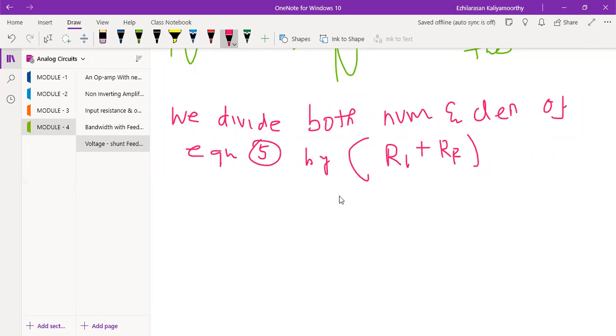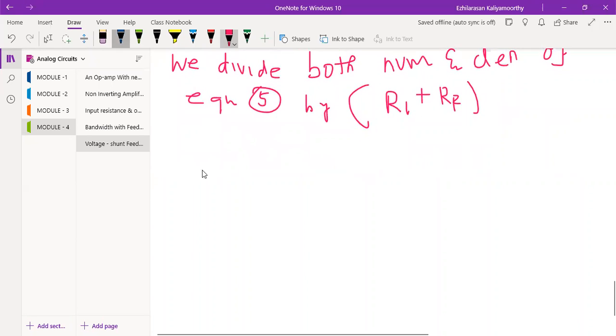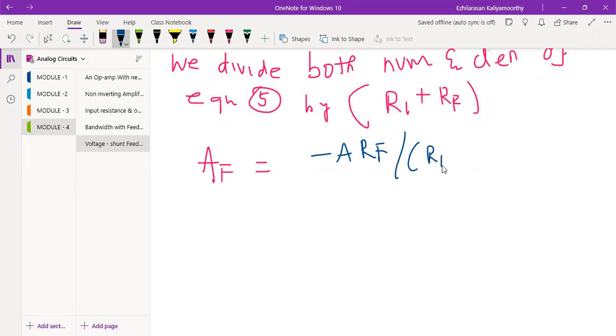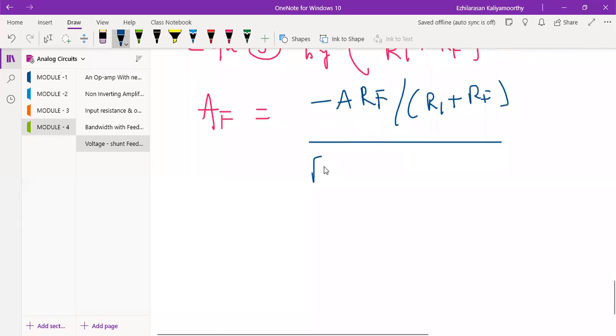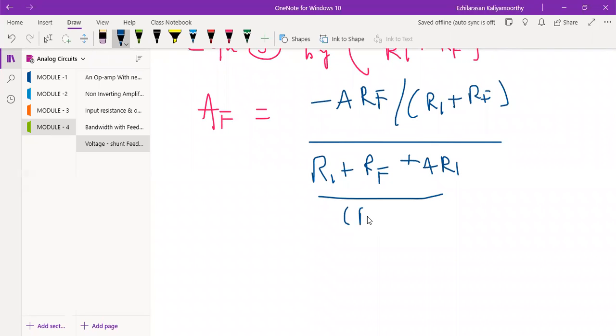As equation 5 states, AF is equal to minus ARF in the numerator, which should be divided by R1 plus RF. Then the denominator is R1 plus RF plus AR1, again divided by R1 plus RF.